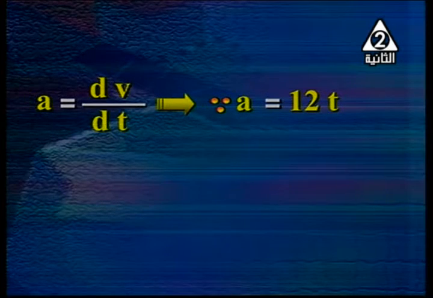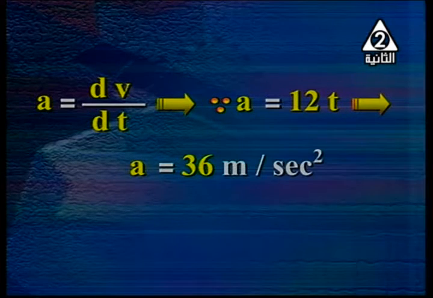Why? Excellent student, because acceleration is the derivative of velocity with respect to the time t. a equals 12t. At t equals 3, a equals 36 meters per second squared. Why? Because t equals 3. Then acceleration is 36 meters per second squared.